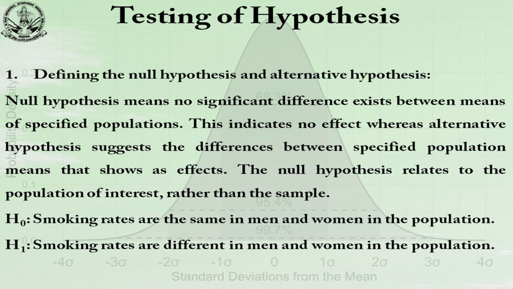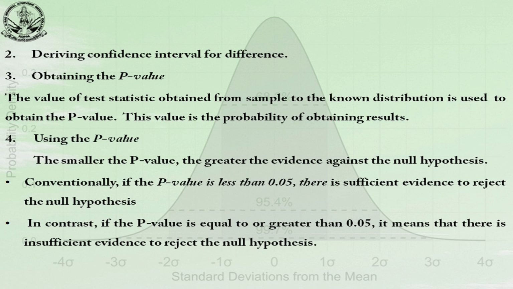For that, we derive the confidence interval for the difference, then we obtain the p-value. The p-value, that we have just seen, is obtained by comparing the value of the test statistic from the sample to the known distribution. This value is the probability of obtaining such results. That's usually obtained through calculations. Then we use that p-value.